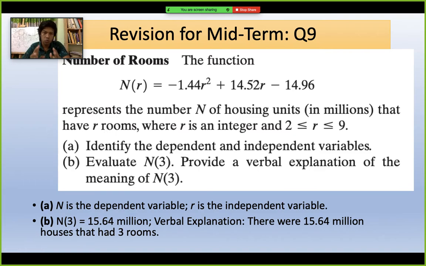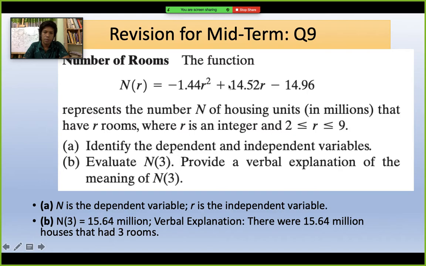Some houses have 2 rooms. In a building, let's say an apartment, it can be a 2-bedroom apartment, 3-bedroom apartment, 4-bedroom apartment. So this function tells us how many apartments they have in their locality with different bedroom numbers. Suppose n of 3 means the bedroom number is 3, so there are that many 3-bedroom apartments.